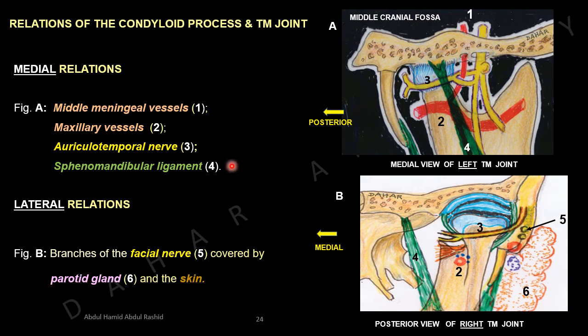And number 4 is the sphenomandibular ligament. We have already discussed earlier. Lateral relations of these two structures. If you see laterally, we have number 5, branches of the facial nerve, which are covered by the parotid gland, number 6, and they are covered by the skin laterally.